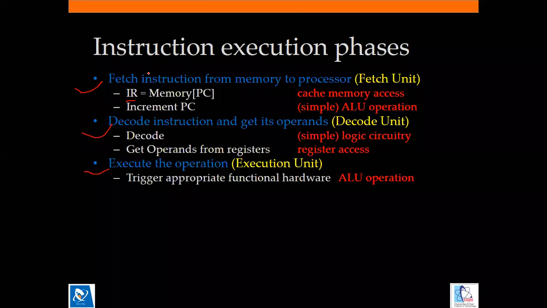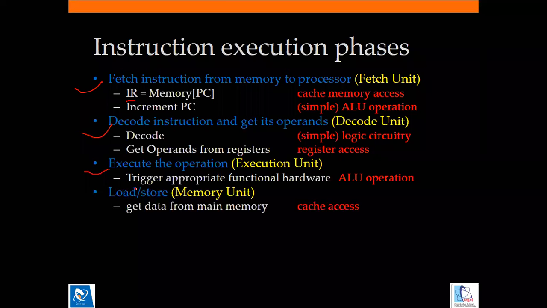The first one is the fetch phase, the second one is the decode, and the third one is the execute. The fourth phase is that suppose the instruction is a load instruction or a store instruction. So in that case, whatever data is there in the source register should be written to the memory.